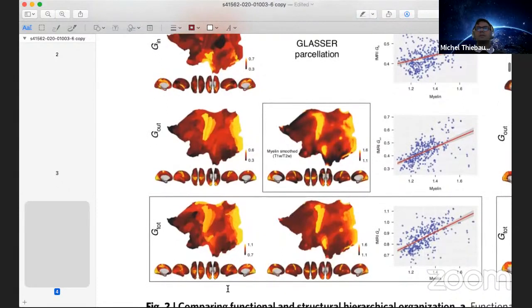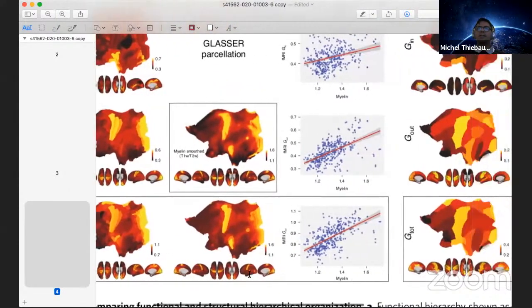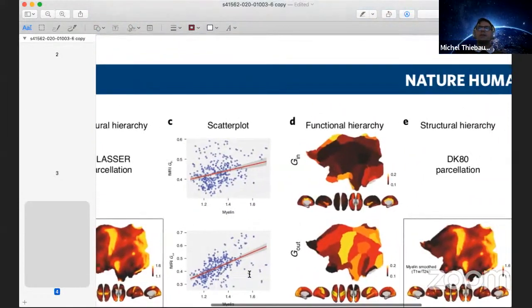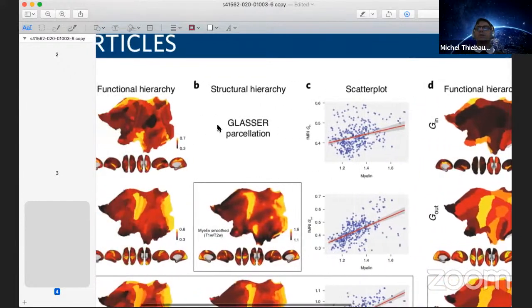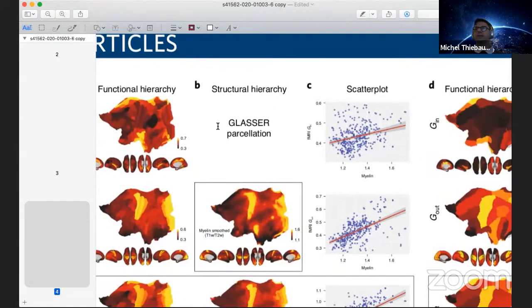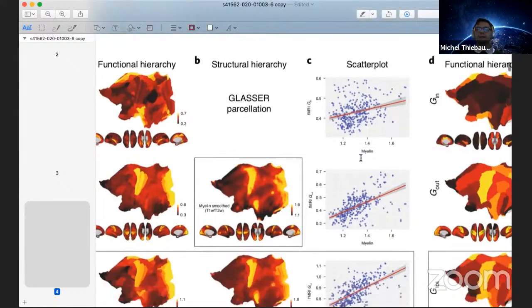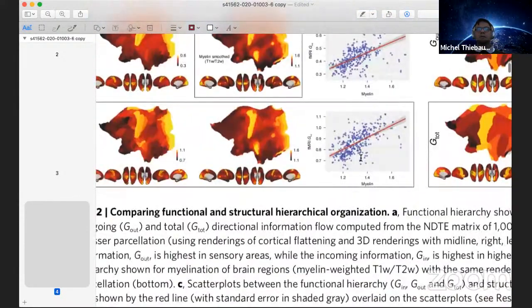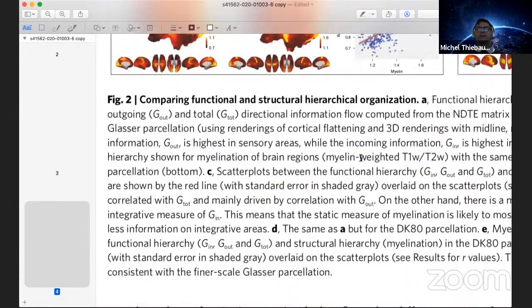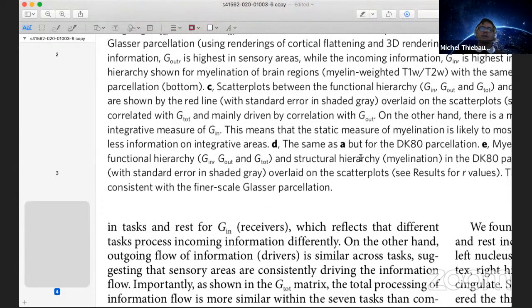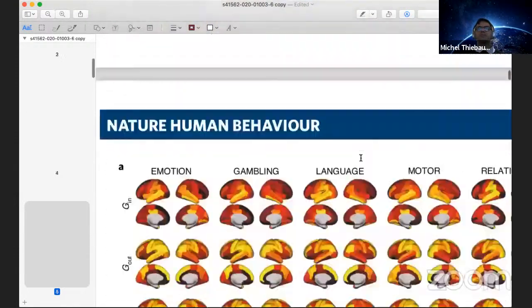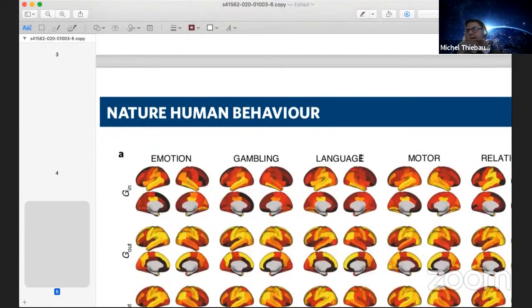And then they have this other index, which is the total exchange of information that happens. This is highly correlated with myelin content in this region. So you can see here, the more you receive in or you send out, the higher your myelin content, which will be representative of the process of sending a lot of information. And then they try to see if this changes when you're doing different tasks.